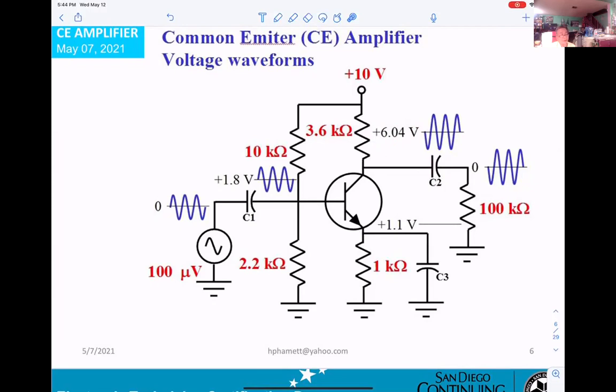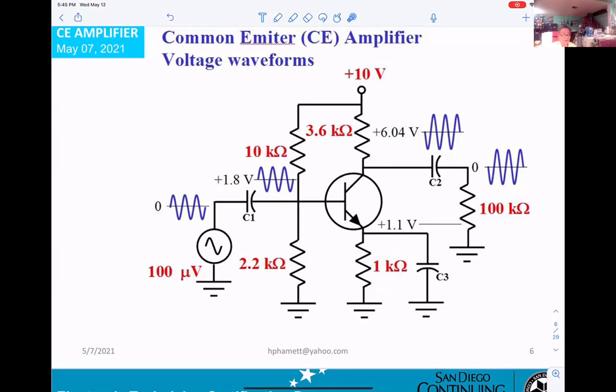So when you're looking into the common emitter, I recommend you try to memorize those things. If you want to measure at the output, at the collector here, if you want to measure the sine wave, what should your oscilloscope be set for? I repeat the question. You're using the scope to measure the sine wave at the collector.